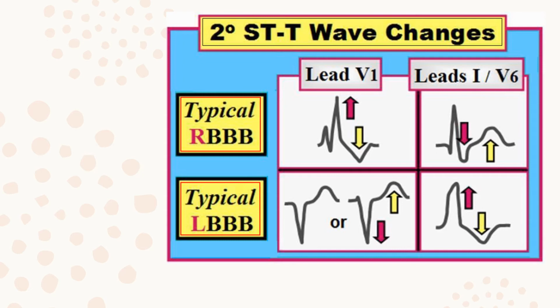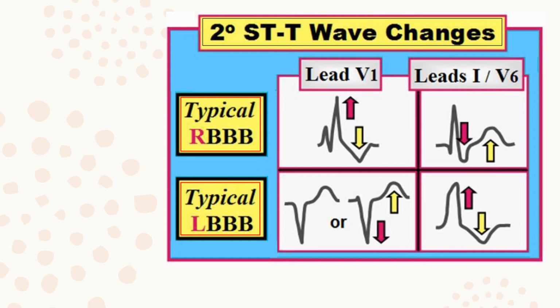Now, sometimes when we look at a 12-lead EKG from somebody with a bundle branch block, it can be a little bit shocking, because you think you're seeing ST segment and T wave elevation or flipping, signs of a myocardial infarction. But actually those are just the normal, what we call secondary ST-T wave changes.